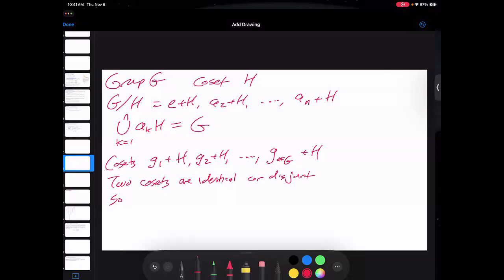So take a set of disjoint cosets such that they have everything.